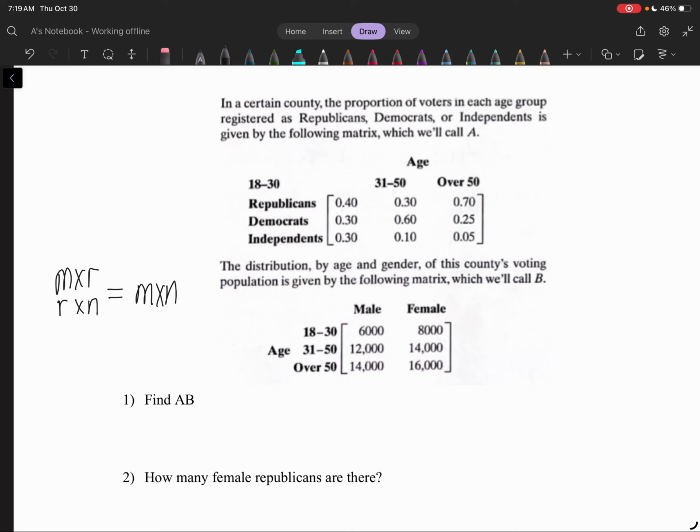The top graph has political parties on the left side for the rows, and it has age as columns. The bottom graph has age for rows and sex for the columns.